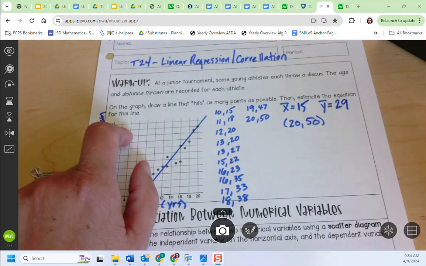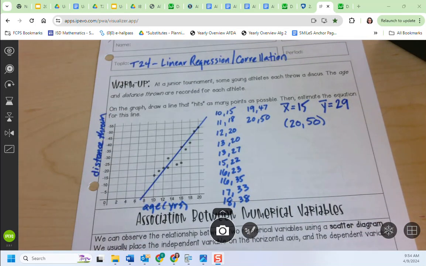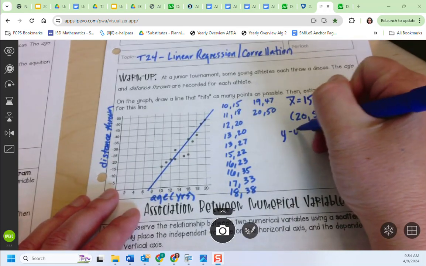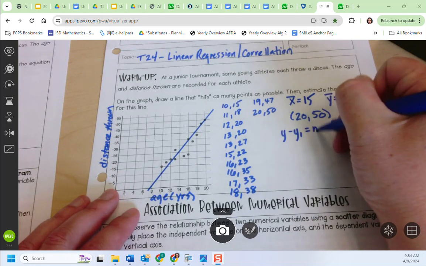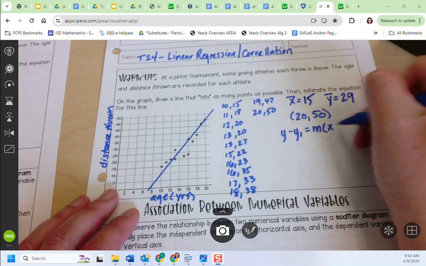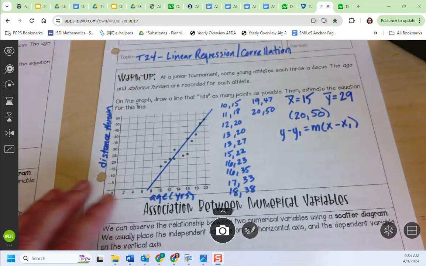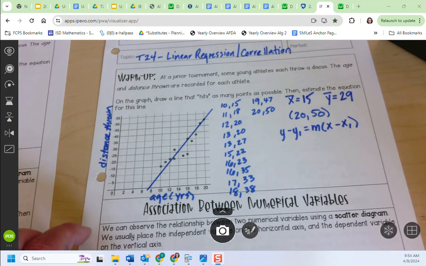Okay, so I use those 2 points, and then I use point slope form. It doesn't tell you what form you have to write in, so you could have chosen a different form, and that would have been fine. So point slope form, remember, is y minus y1 is equal to m times x minus x1. That's the form I'm going to use. I also need to find the slope, of course, right?